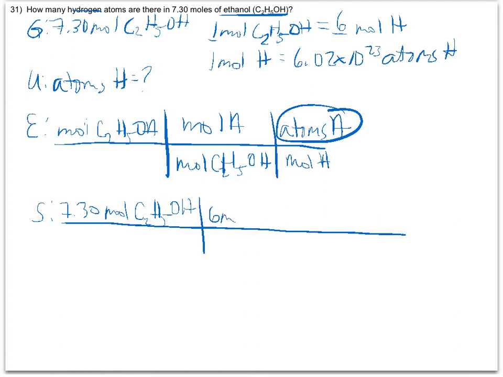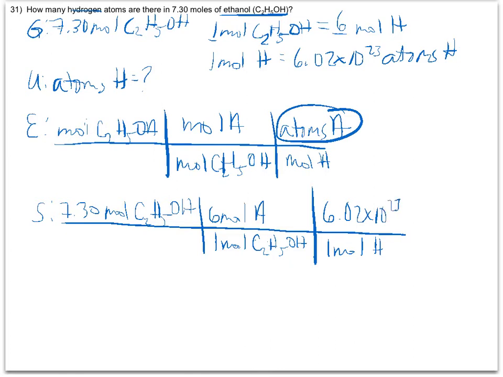We've got 6 moles of hydrogen for every mole of C2H5OH, or ethanol. And 1 mole of hydrogen is equivalent to 6.02 times 10 to the 23rd atoms of each.